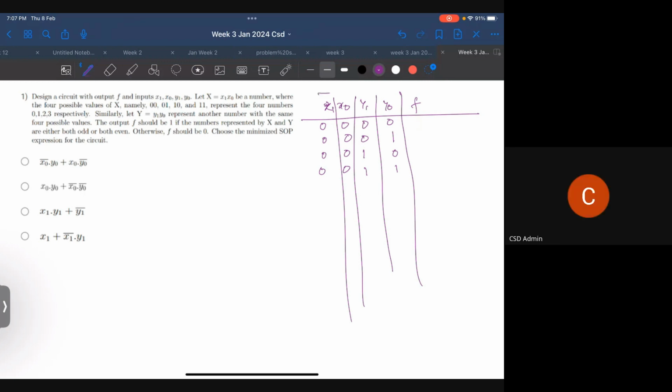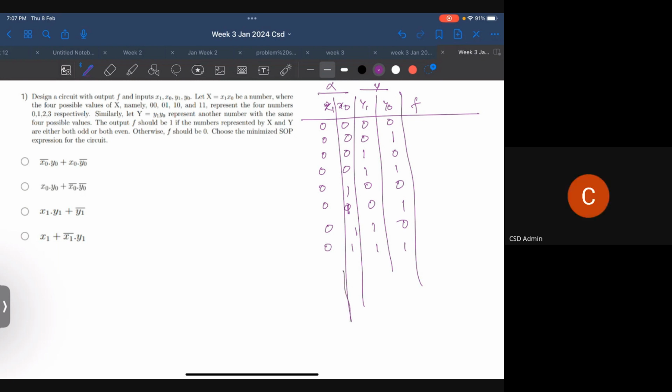So this is x and this is y. Now x can be 01, and y can be 00, 01, 10, 11. Up to that is clear.